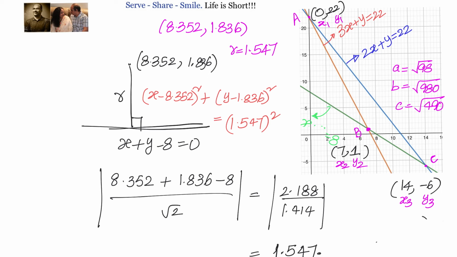So perpendicular distance equals radius. That concept gave us 1.547 as the radius. So the equation of the incircle is (x minus 8.352) whole square plus (y minus 1.836) whole square equals 1.547 whole square.